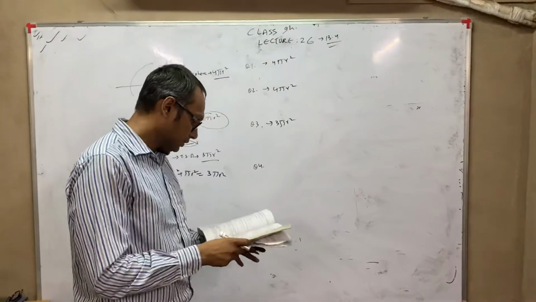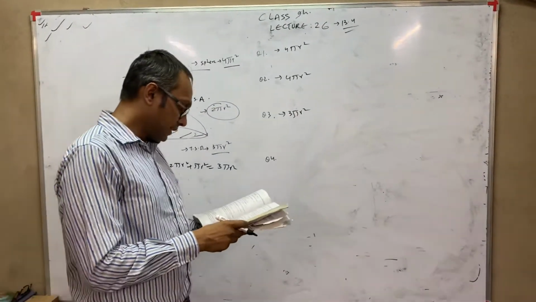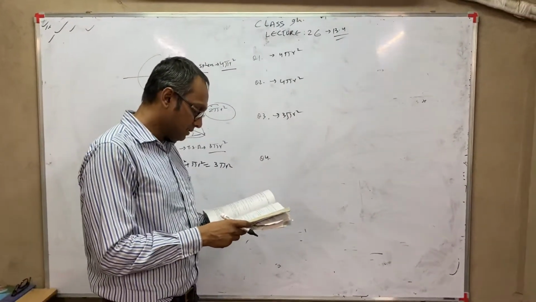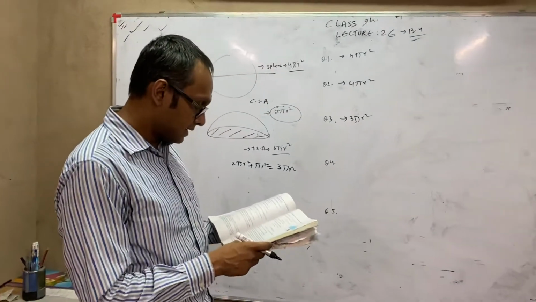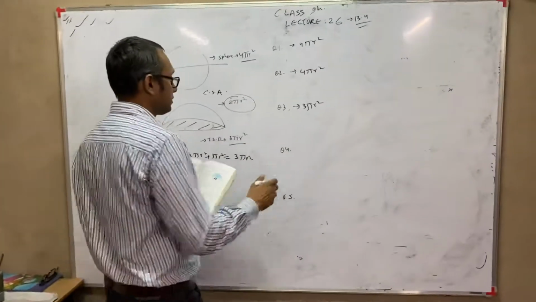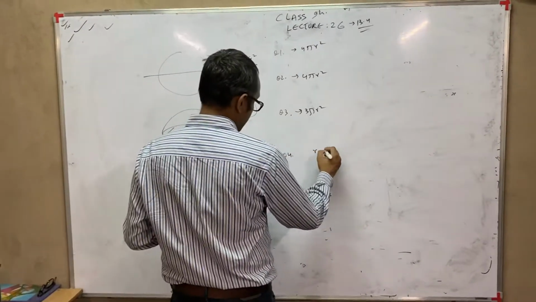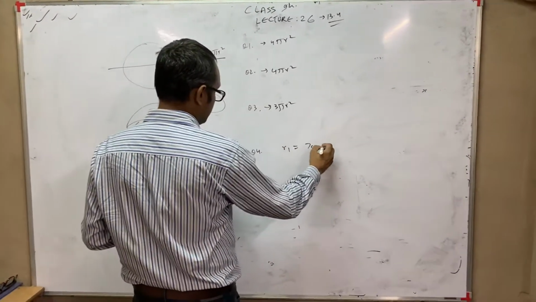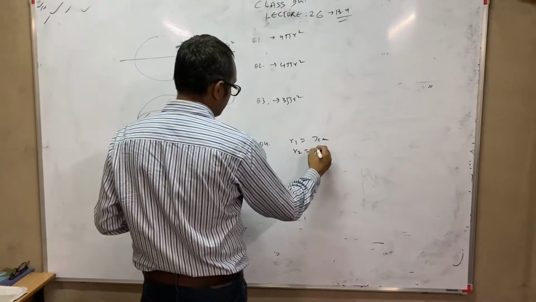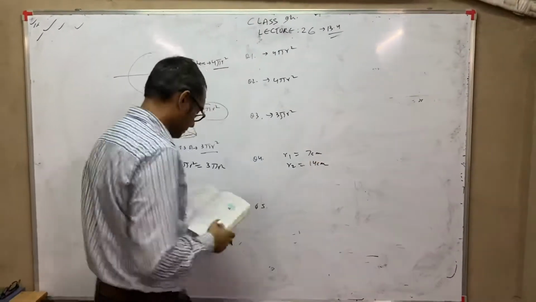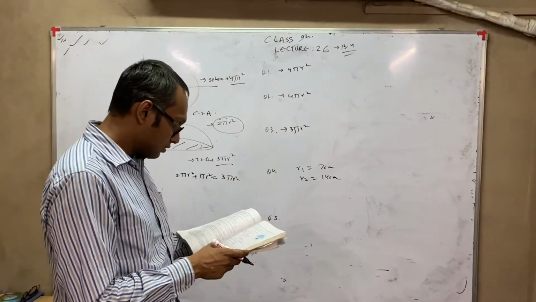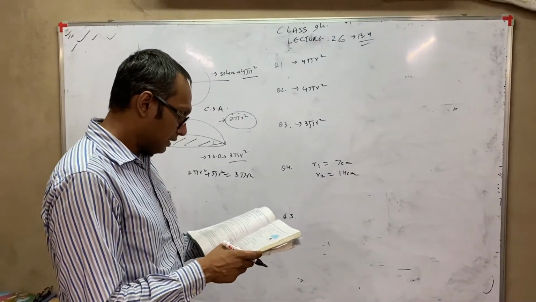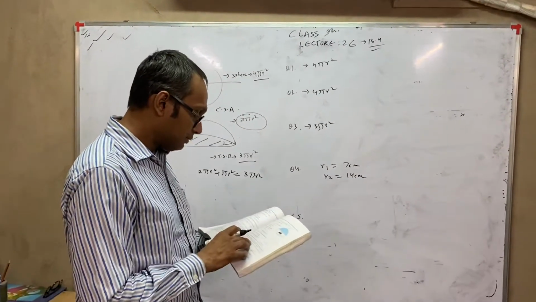Question number 4. The radius of a spherical balloon increases from 7 centimeter to 14 centimeter as air is being pumped into it. So initially, say R1 was 7 centimeter and R2 was 14 centimeter. Find the ratio of the surface areas of the balloon in the two cases.